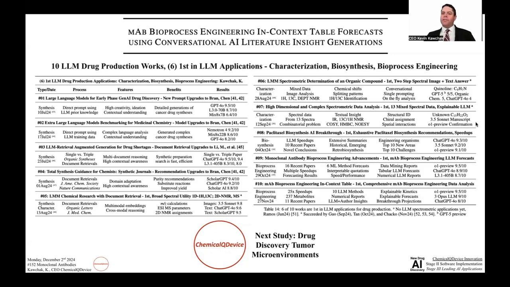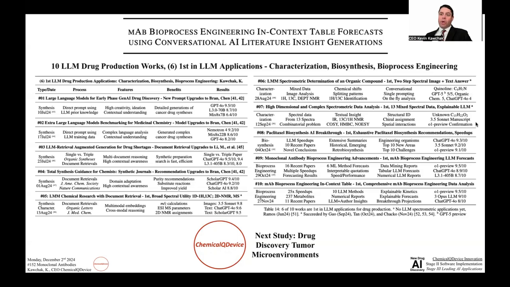Paclitaxel was the breakthrough, because paclitaxel total synthesis has been done since like the 90s. So this is where I had to switch to biosynthesis. On this particular one, I chose both historical and emerging answers. Historical meaning, if I just gave it a direct prompt, what does the LLM know?